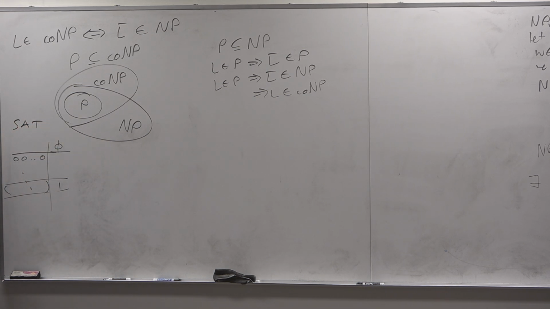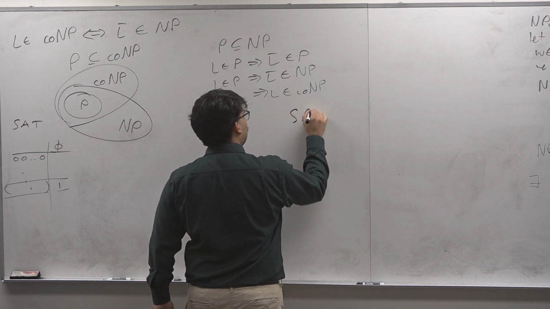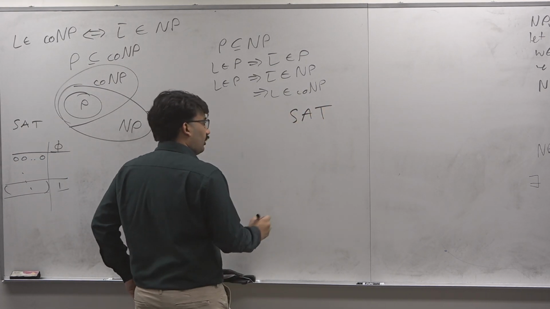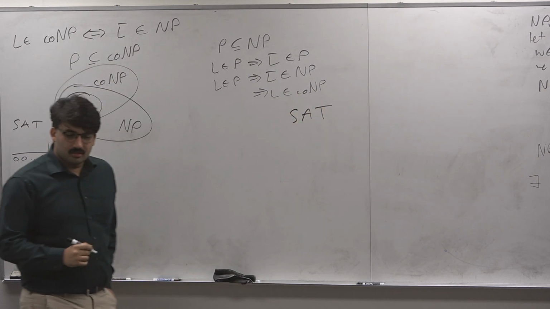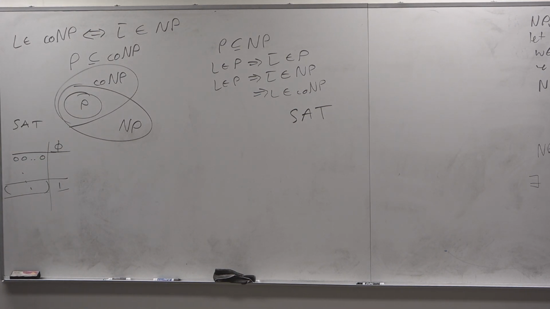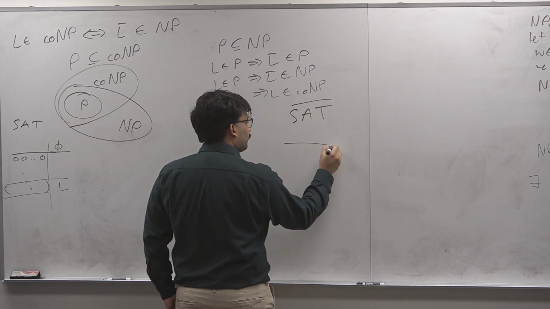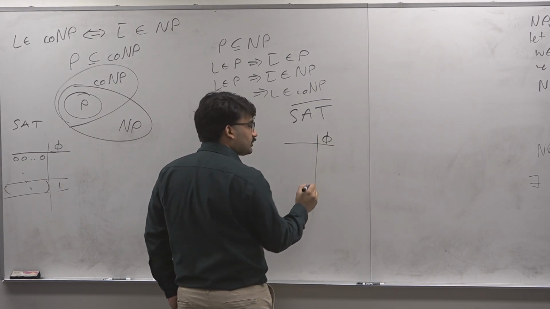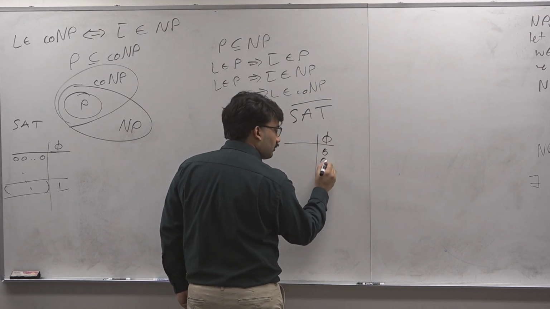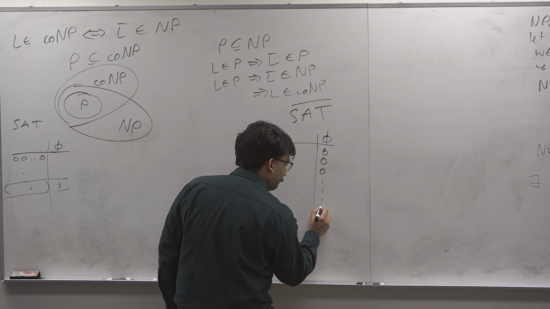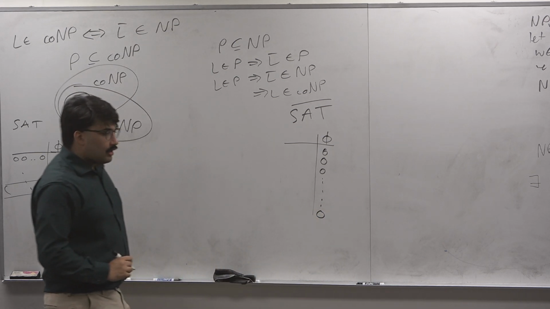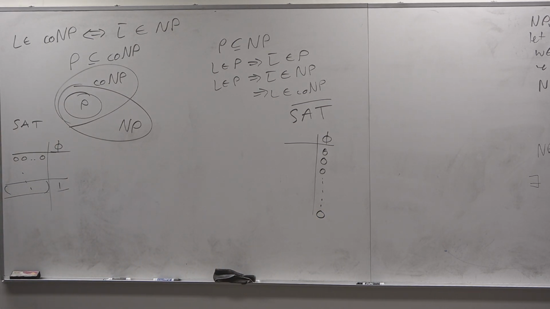The problem of SAT complement is what? We ask for logical formulas such that there does not exist a satisfying assignment. So if there does not exist a satisfying assignment, what we're saying is that no assignment is satisfying. So these are all zeros, right? How can you quickly convince someone?